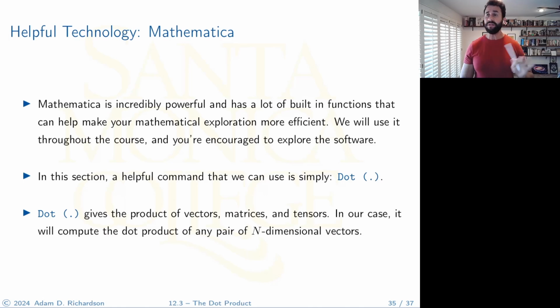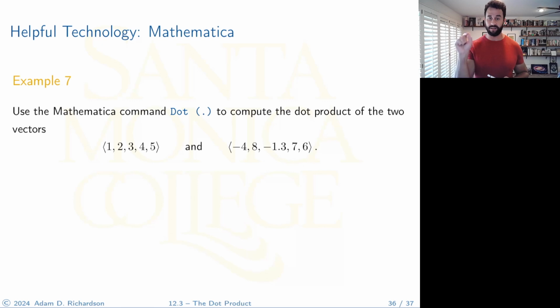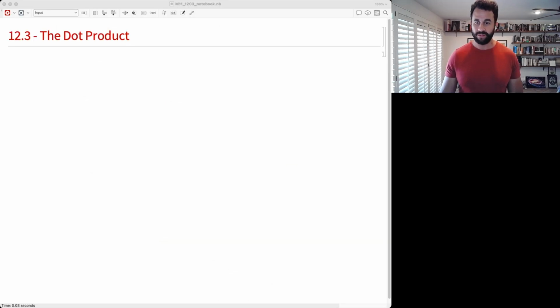So I'm going to do a very quick example with Mathematica of using the dot command, and we're going to dot these two vectors here. Let me pull it up. All right, so let's dot these two vectors, and here's how we're going to enter it. We're just going to enter it using curly braces.